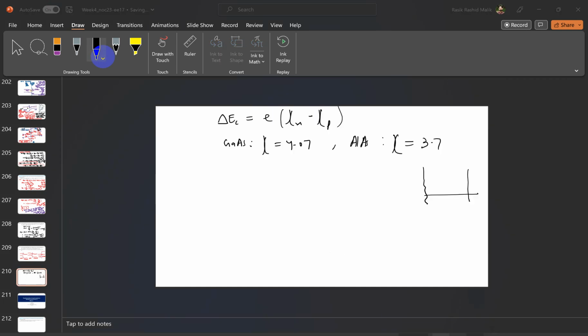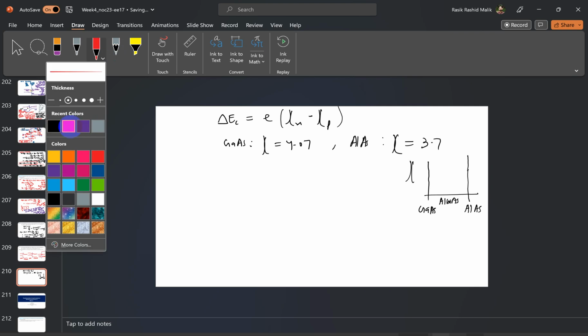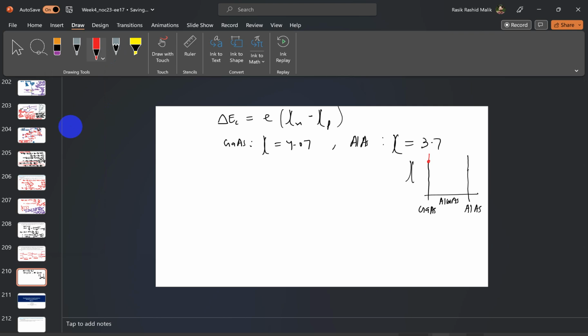Let me write it this way: this is the case where we have gallium arsenide on this side and aluminum arsenide on this side, and somewhere in between is aluminum gallium arsenide. This is about chi, and the chi for gallium arsenide is 4.07, and for aluminum arsenide 3.5.